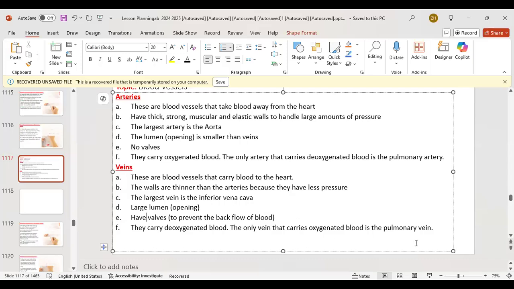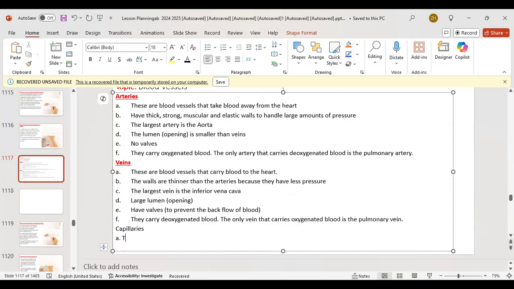Okay, next. The last one would be capillaries. Capillaries is also a blood vessel. These are the smallest blood vessels in the body.